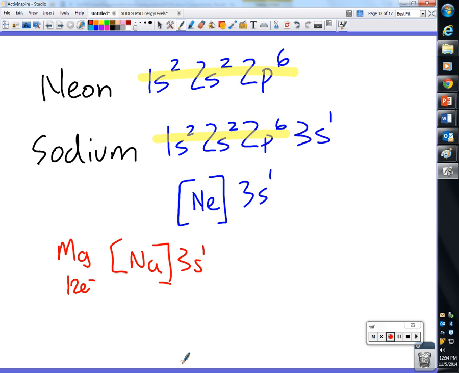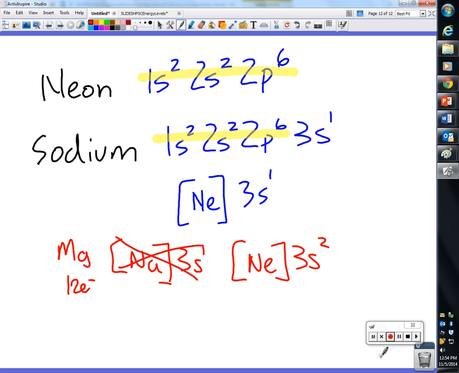You can't do that because this doesn't represent a full set of s's and p's. It's not a noble gas. But you can do this. Does that make sense? Noble gases are the ones on the far right.